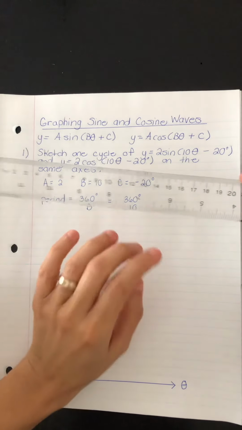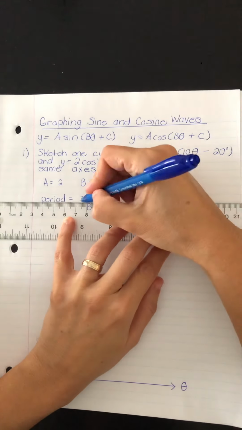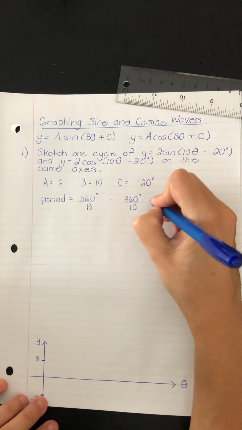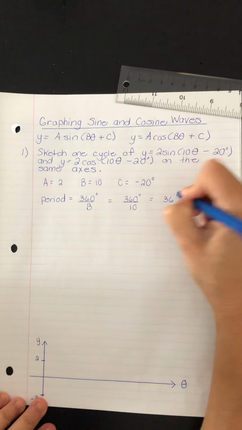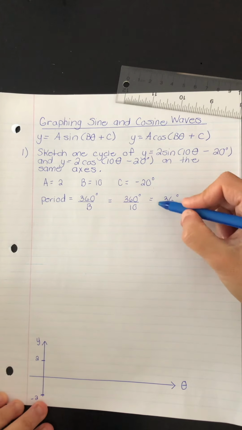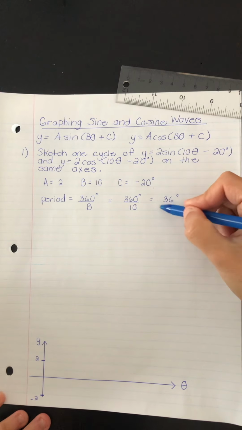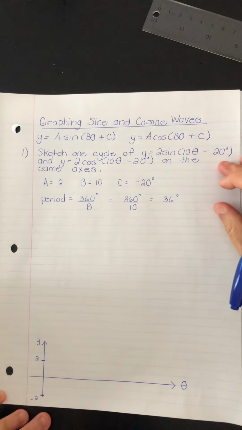That's going to give us a period of 36 degrees. What does this mean? This means that one cycle of the graph is completed within 36 degrees. Okay, so that's what that number represents.